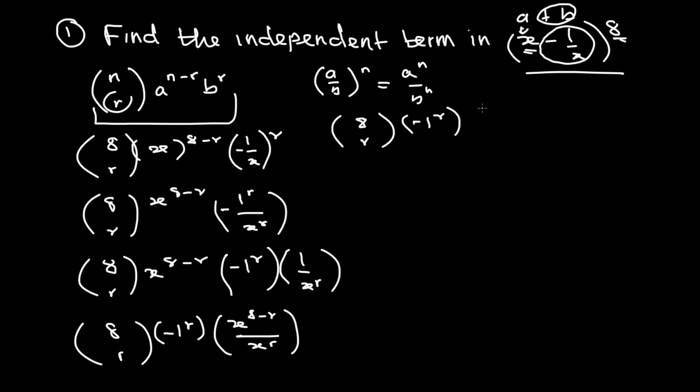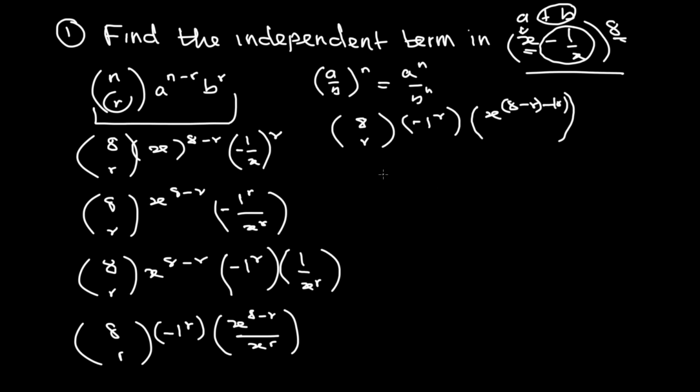And then we can continue with our simplification here, 8 minus r. But we say that if we are dividing, it's the same as subtracting the powers. What powers have we subtracted? 8 minus r, and then we've subtracted r there.